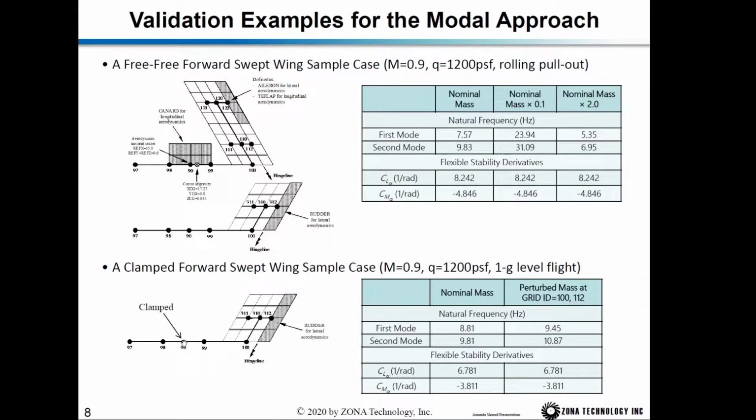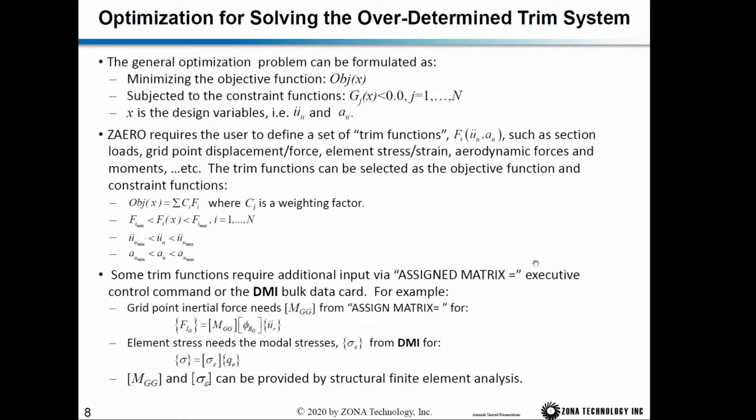However, because it's a clamped structure, the flexible stability derivatives are also unchanged. So if you don't have a rigid body mode, it's independent of the mass distribution.